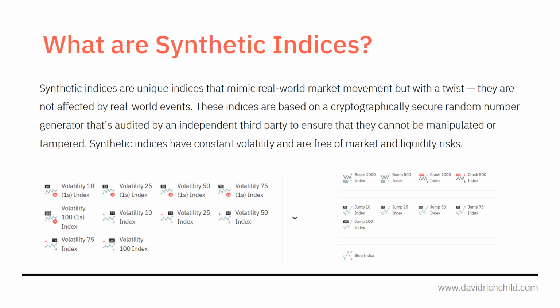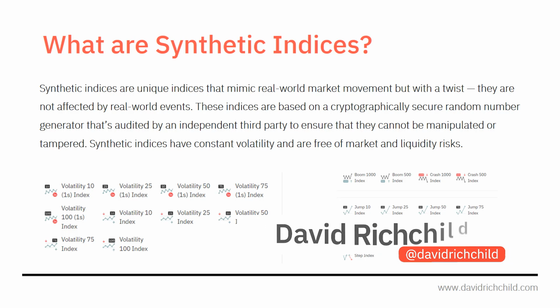All right, so some of you might be asking, since synthetic indices mimic the real world market, what moves them and what is the driving force behind the price movement? So we are talking about software here that generates random numbers without anyone knowing which number is going to be generated.